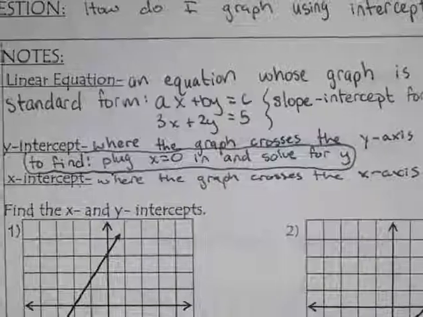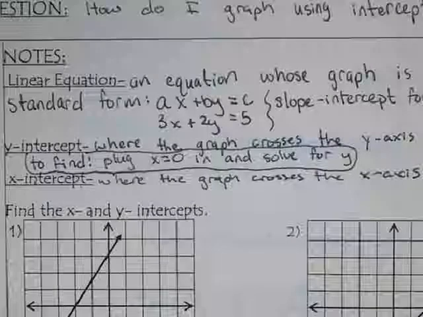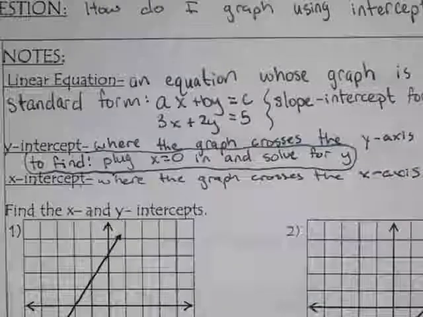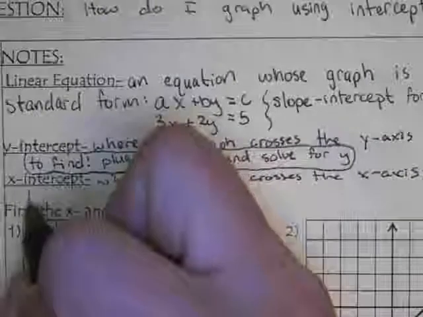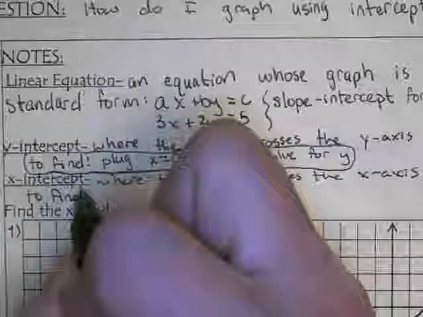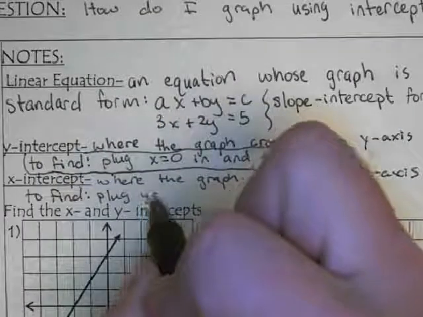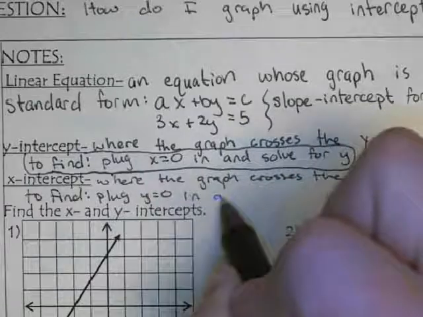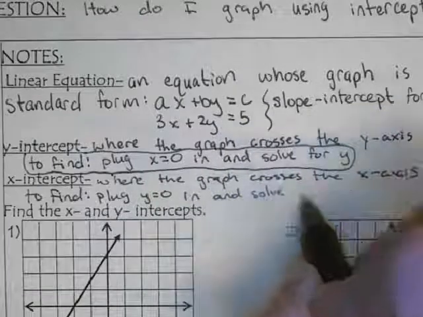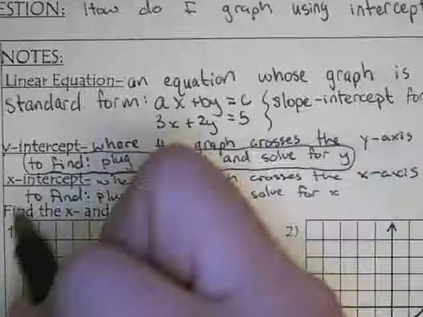And it's the same kind of idea to find the x-intercept. Instead, we're switching the x and y. So to find it, plug y equals 0 in and solve for x.